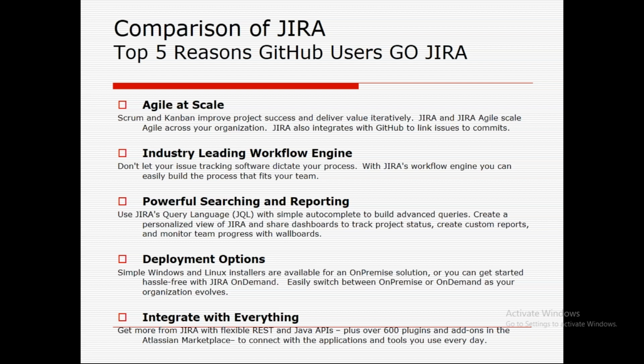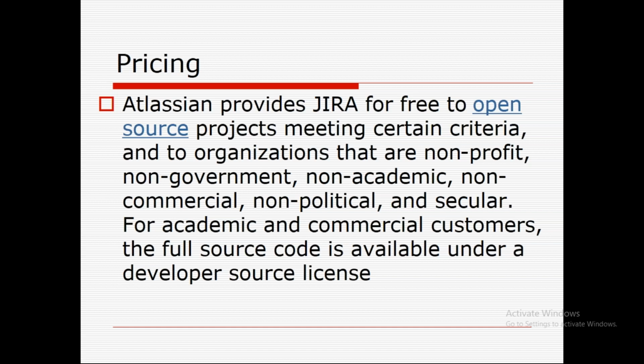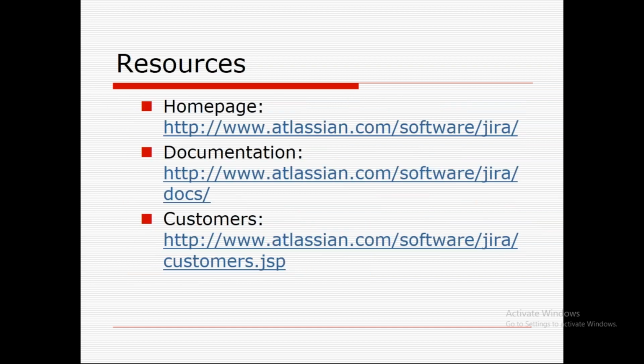When we talk about the pricing of Jira, it is free for projects which meet certain criteria: non-government, non-academic, non-commercial, non-political, and secular. For academic and commercial customers, the full source code is available under a developer source license. That's a different thing.